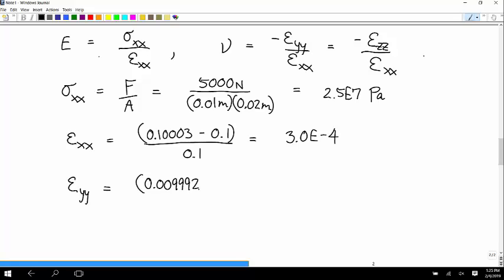Is that right? And the starting length along the y-axis was 0.01. Then we'll divide by 0.01. And we get a negative strain, and it's -8 times 10 to the minus 5.